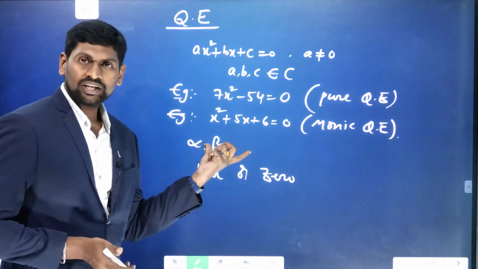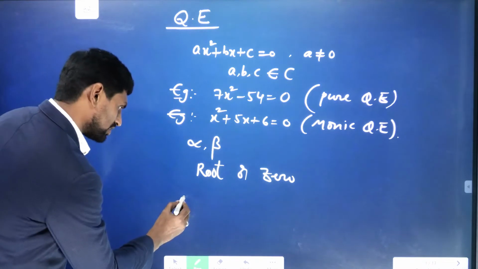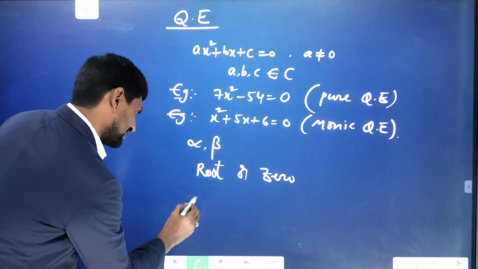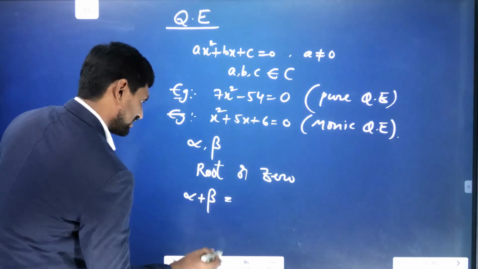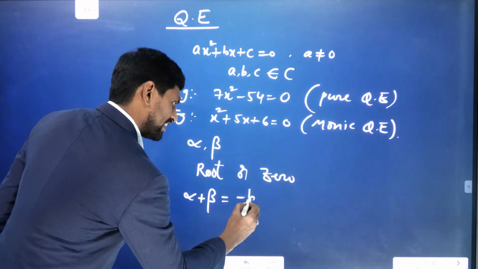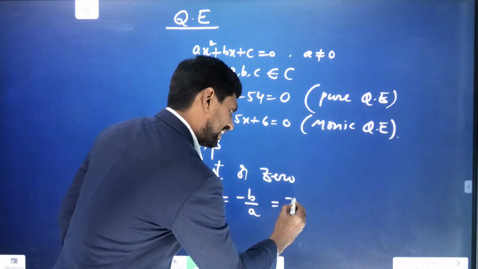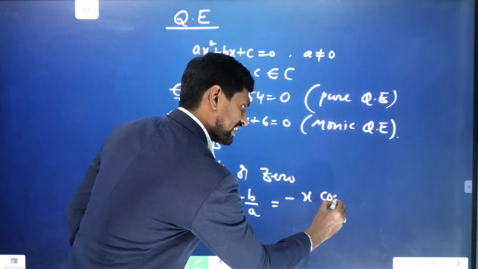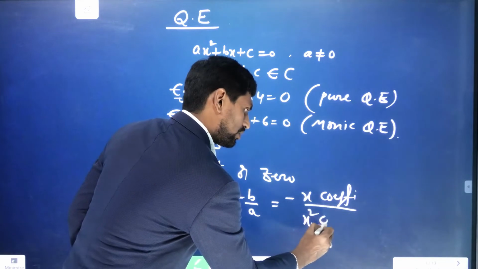If alpha comma beta are two roots, we learned the condition: sum of roots is minus b by a, that is nothing but minus x coefficient by x square coefficient.